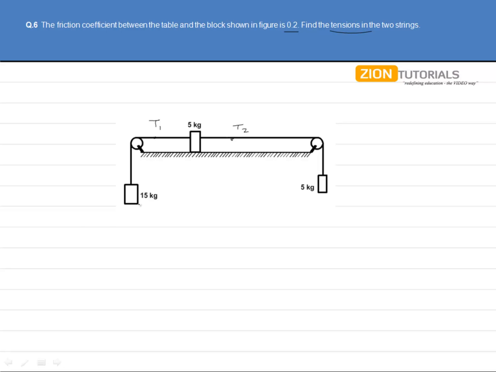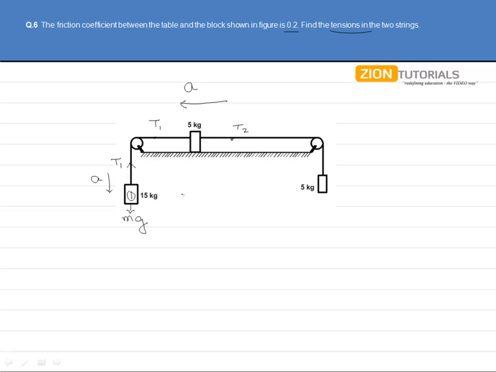So now let us mark the forces on the first block, in which we are having an mg force in the downward direction, a tension T1 in the upward direction, and if we assume that the system is accelerating to the left with an acceleration of a, then this block must be going downward with an acceleration of a.